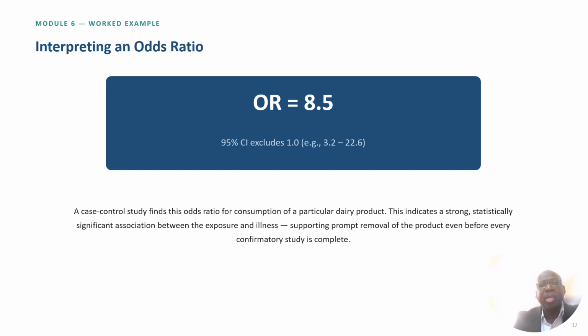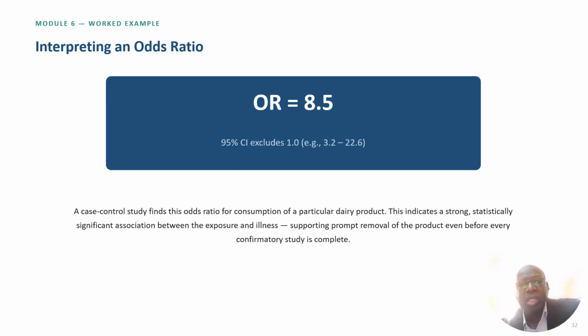When interpreting the odds ratio, suppose the odds ratio is 8 with a 95% confidence interval that excludes 1, for example 3.2 to 22.6.